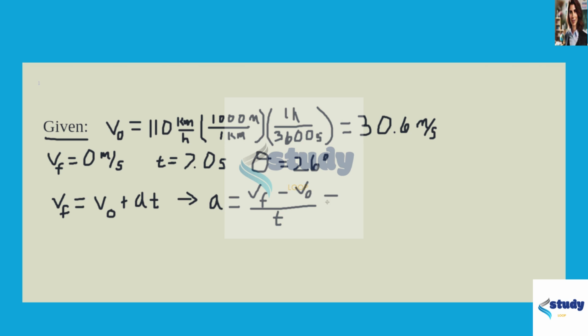Well, v final was 0, v initial is 30.6, so this is minus 30.6 divided by time, which is 7.0, and this is going to be in meters per second squared. If you do this, it comes out to be minus 4.37 meters per second squared.